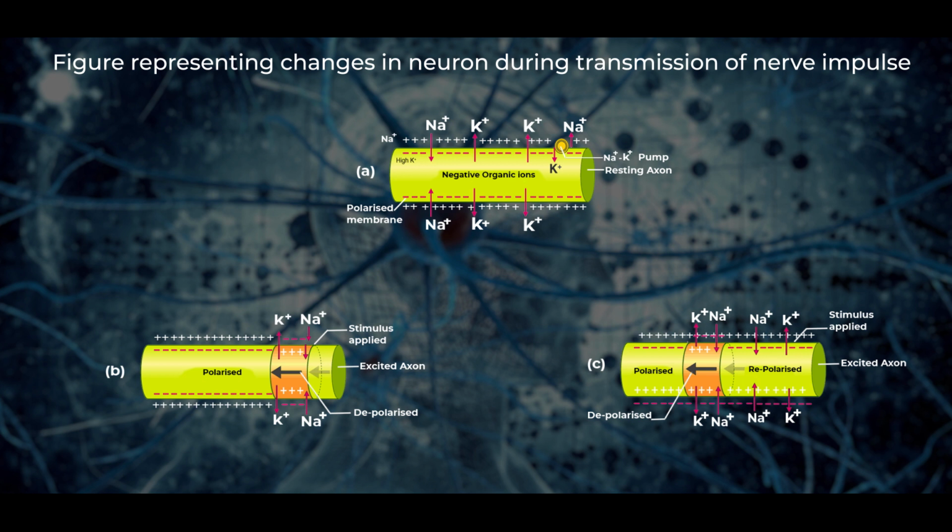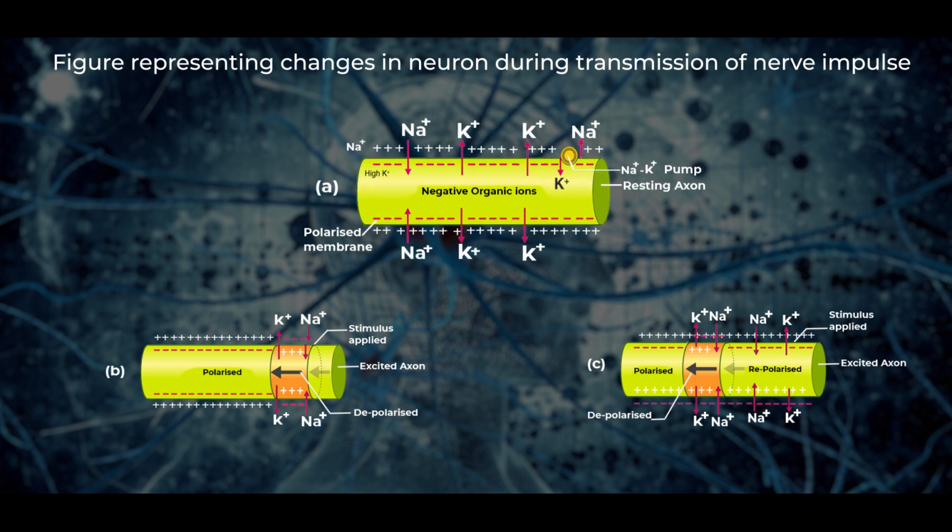Now first let us take a look at this picture. The picture is showing us three different stages of the axon fiber. In the first figure A, you will find a resting potential, which means this particular nerve cell is undergoing the polarization stage.